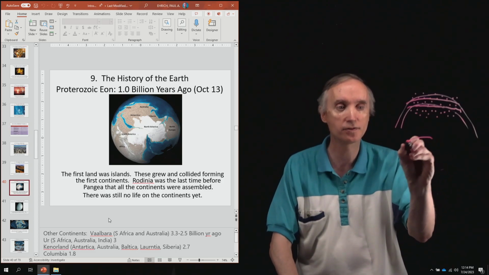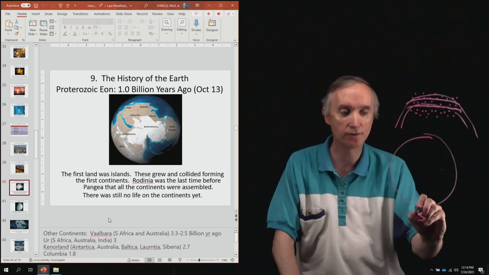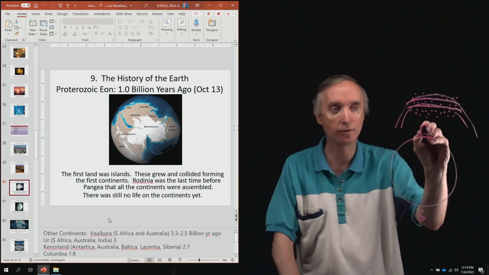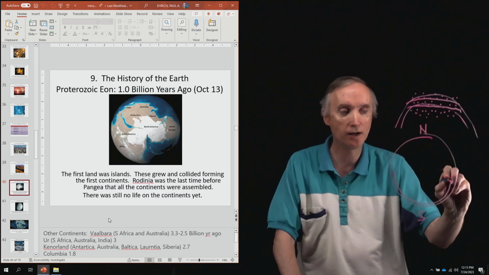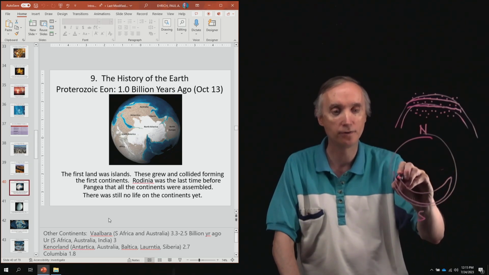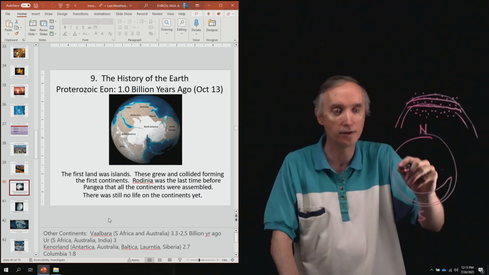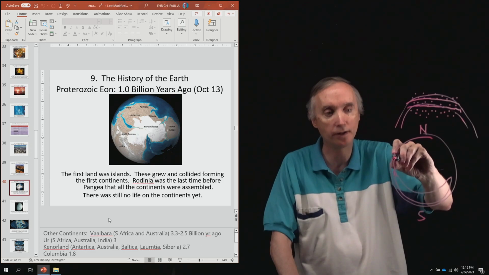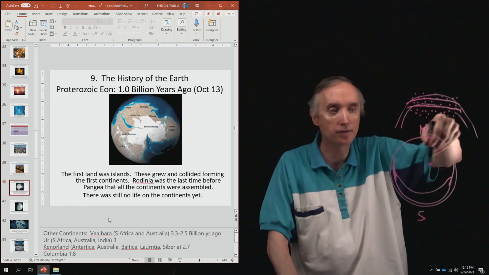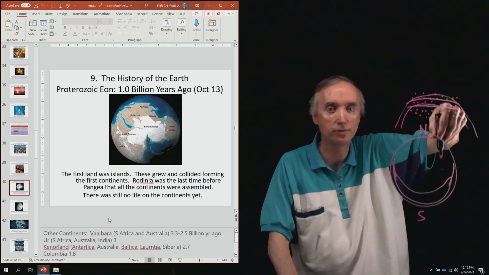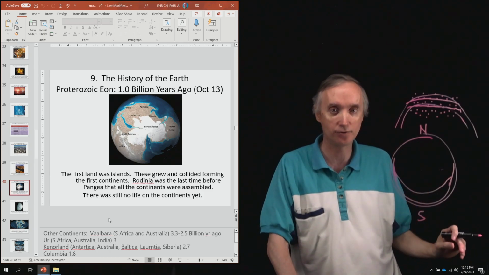If this is a picture of the Earth, this down here is the southern hemisphere, this is the northern hemisphere, and Rodinia was a supercontinent that covered pretty much all of the southern part of the Earth, and then part of the supercontinent came up here, and part of it came up here, and that blocked the global ocean circulation.